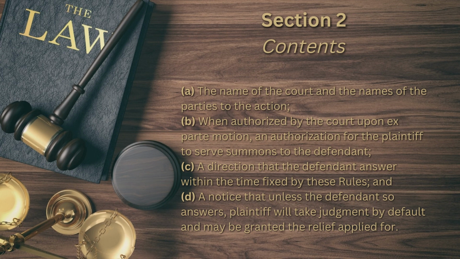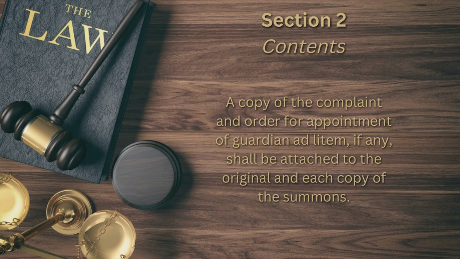A direction that the defendant answer within the time fixed by these rules. And a notice that unless the defendant so answers, plaintiff will take judgment by default and may be granted the relief applied for. A copy of the complaint, an order for appointment of guardian ad litem if any, shall be attached to the original and each copy of the summons.